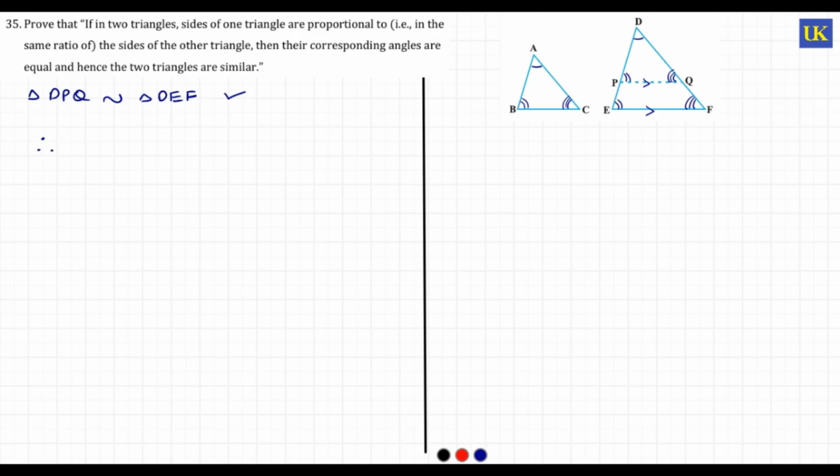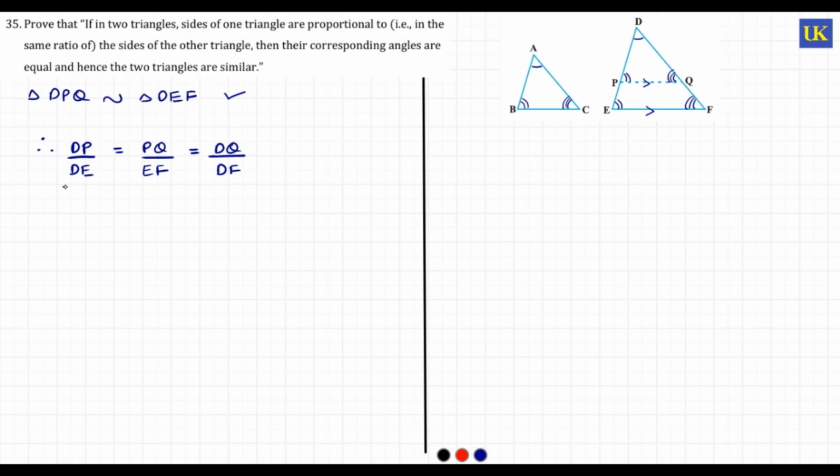We can say that DP upon DE is equal to PQ upon EF is equal to DQ upon DF. So we have written this in similarity form.